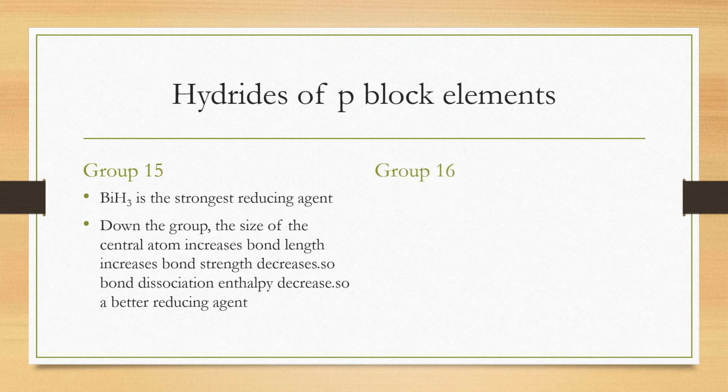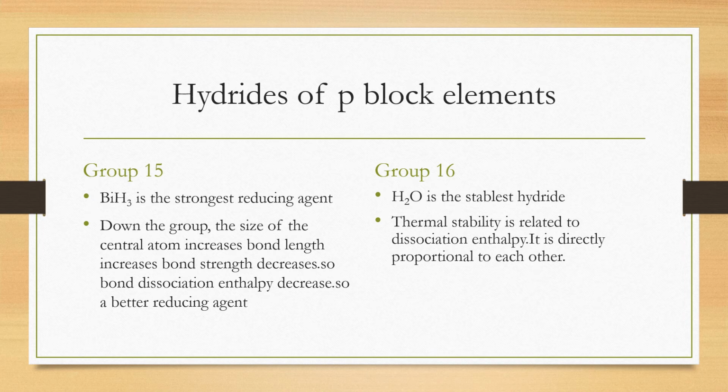Coming to group 16. If we consider the hydrides, you find that water is the stablest hydride. As we move down the group, we have seen that the size of the central atom increases, bond length increases, bond strength decreases, so bond dissociation enthalpy decreases.